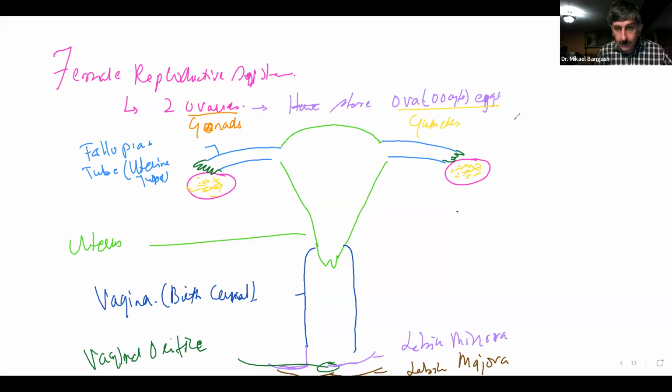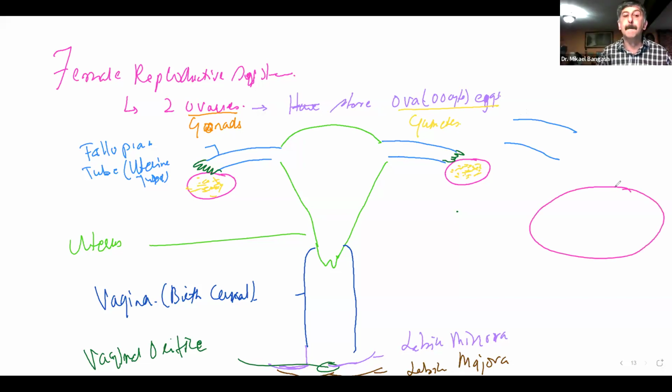We take a fallopian tube. We have an ovary. And what that ovary is going to be doing is, at some point, it's going to release an ova. And that release of the ova is what we'll call ovulation.